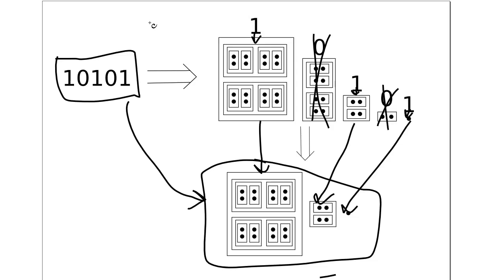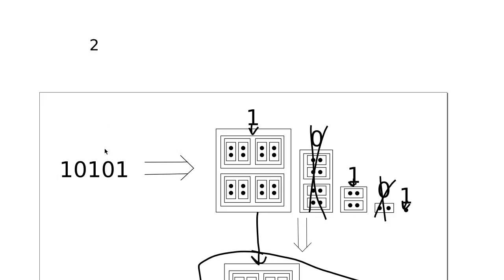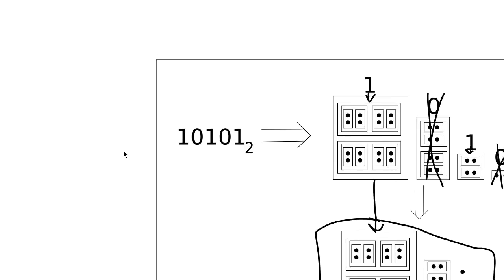Now, just one note here: when we're writing numbers in computer language, we generally put this little 2 subscript on the numbers, just to avoid confusion, because there could be confusion if I write 1 0.